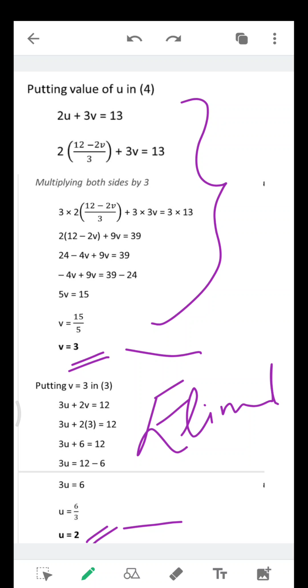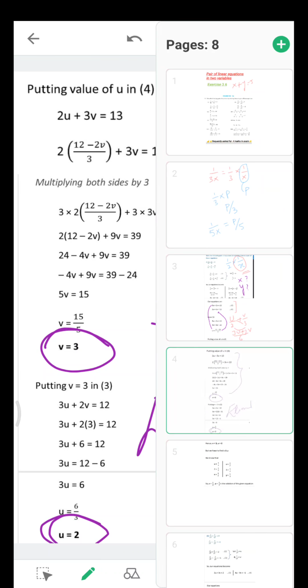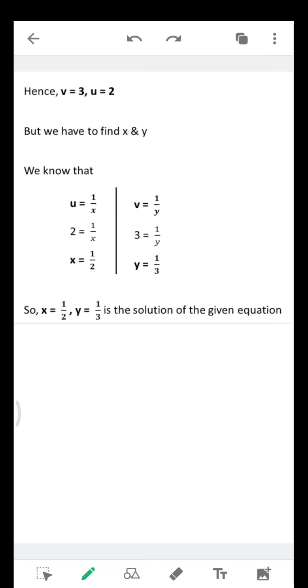After finding u and v, that is u is 2 and v is 3, we will substitute in our assumptions, because we have to find x and y as I said just now.